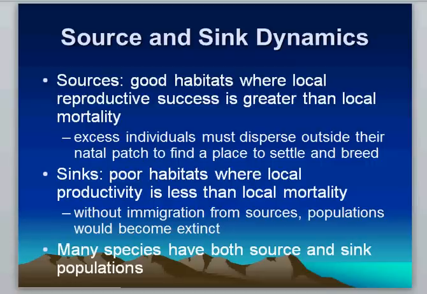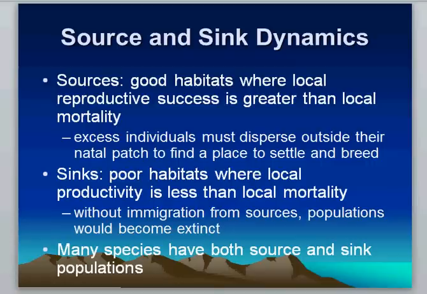There are good parts of the landscape which form good habitats, where reproductive success may be much greater than mortality. There's a lot of food there, for instance, or a lot of habitat which allows the species to hide and reduce predation rates. So these habitats will quite often have a growing population.